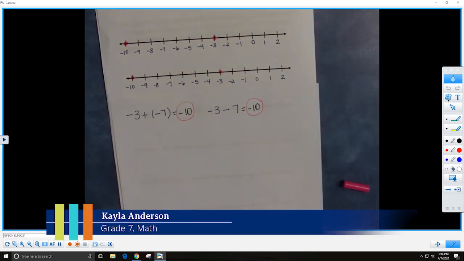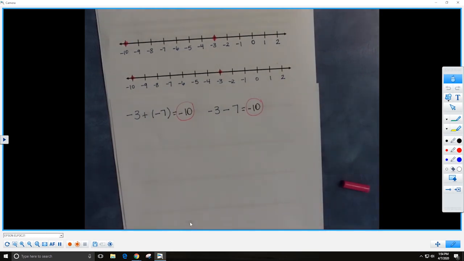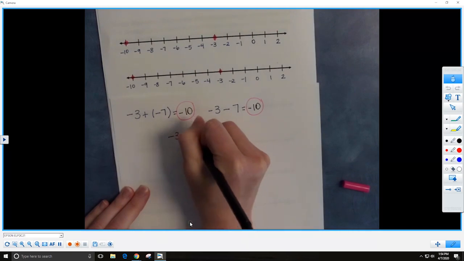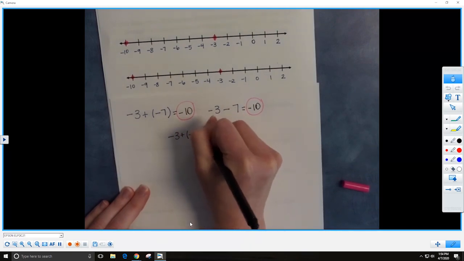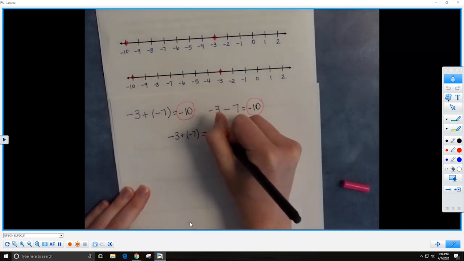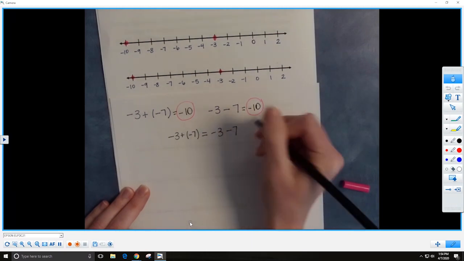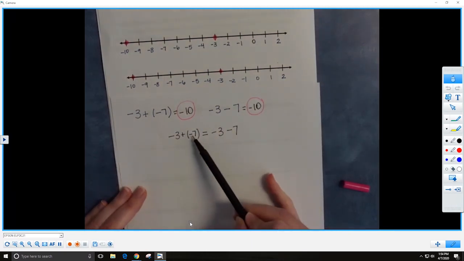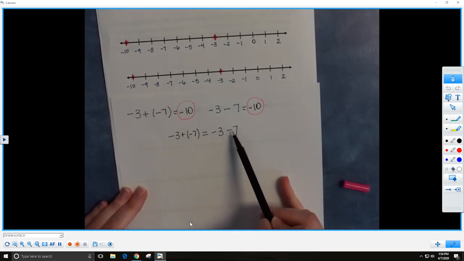Since they both equal -10, we can say that -3 plus -7 is equal to -3 minus 7. In other words, adding -7 is the same as subtracting +7.